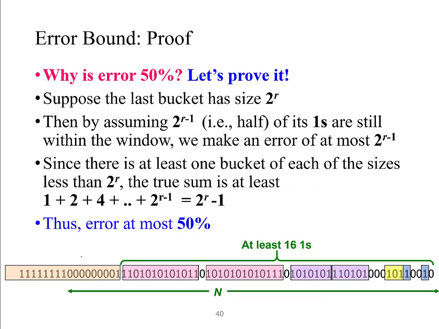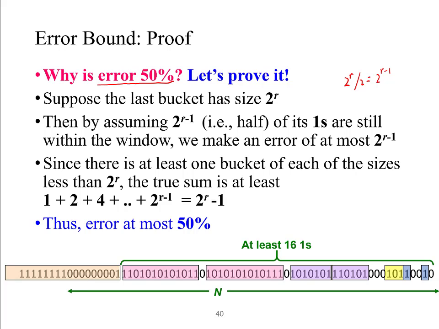So if you still remember, we have claimed that the error is at most 50%. Now let's see why it is the case. Suppose the last bucket has size of 2 to the power of r. Because we assume that half of its size is still within the window, which is 2 to the power of r divided by 2, equals 2 to the power of r minus 1, we make an error of at most 2 to the power of r minus 1.